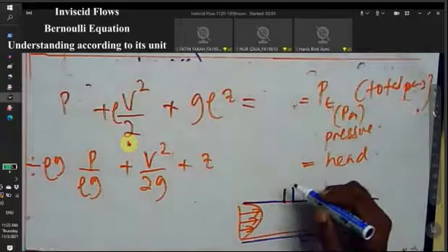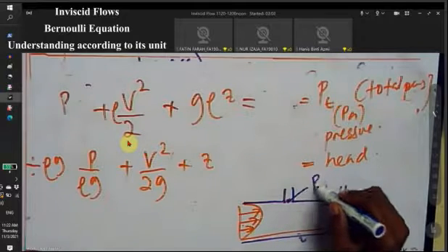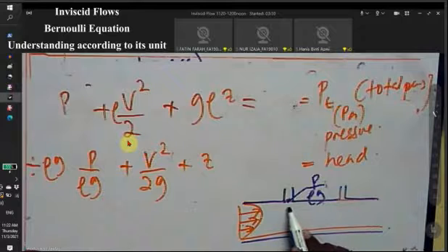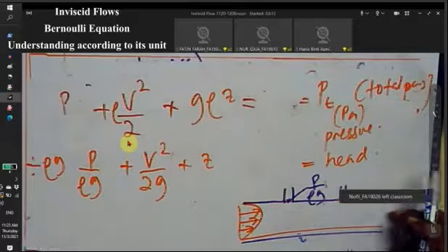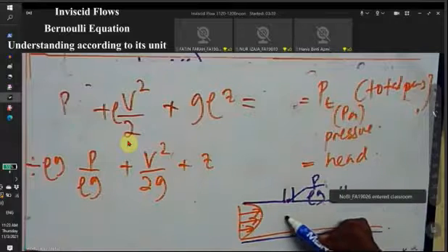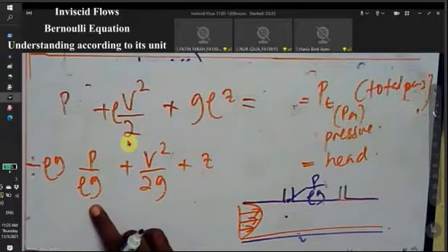So at this location it is P divided by rho g, the pressure of the fluid, right? Because the size is not so big, we can say the pressure here and the pressure here are almost the same. So that is the contribution.